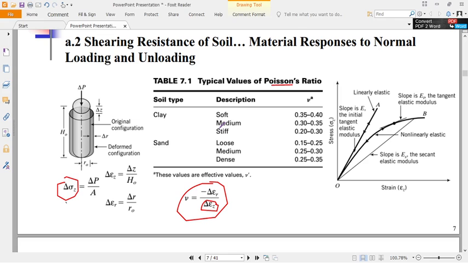What happens is that the strains are not equal. For the first case here, the increase in strain, the change in Z, is equal. Now, if you load it with change in P1, after that you get a strain. The decrease in H will be this. Is that okay?